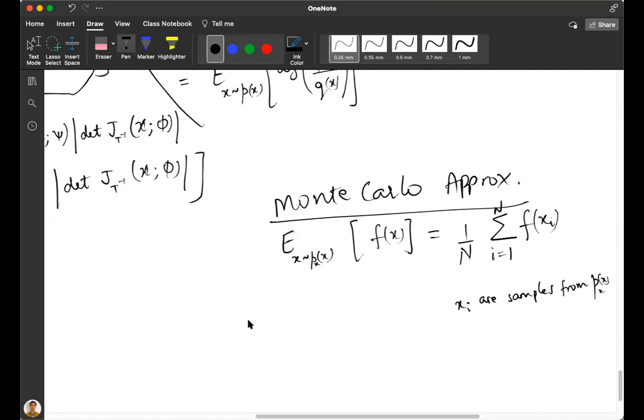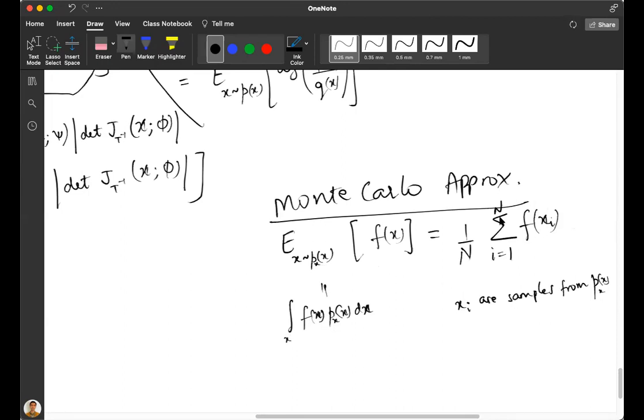This thing is basically equal to the integration of f(x) p(x) dx, over the entire x. If x is a vector, it becomes more complicated to compute, but this still stays the same.